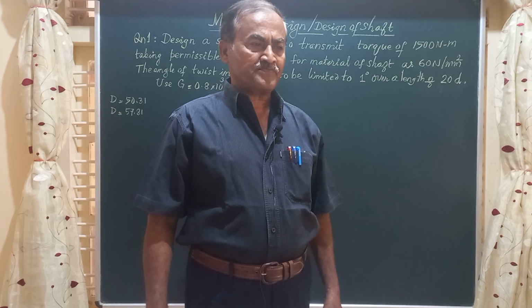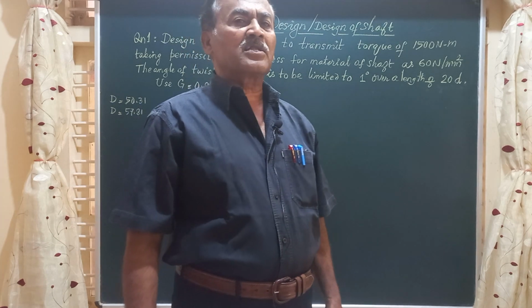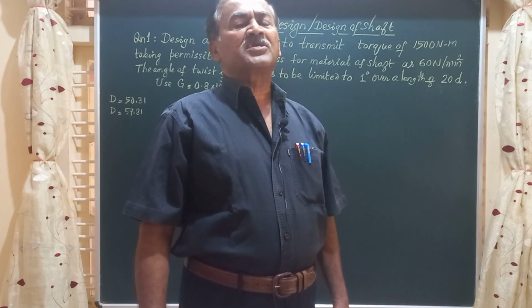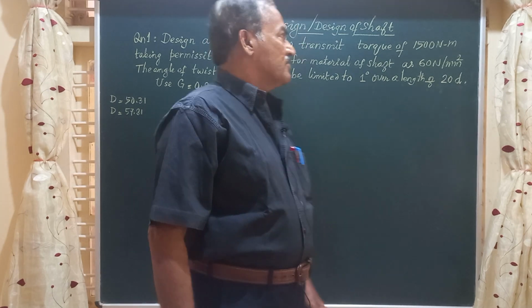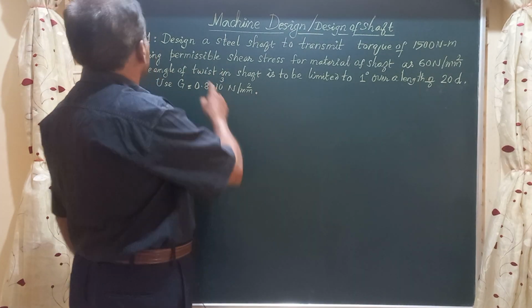So friends, let us start this session with a numerical example on the design of a shaft which is subjected to pure torsion only. Friends, here you can see the question for today's session.